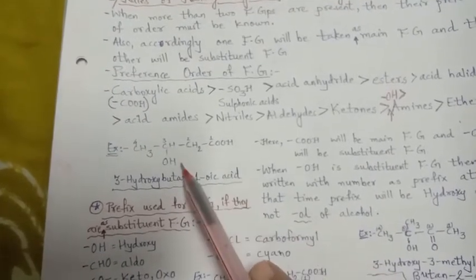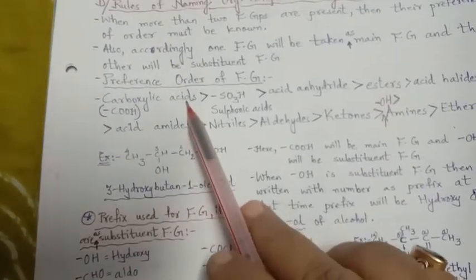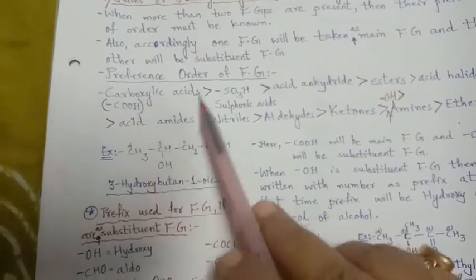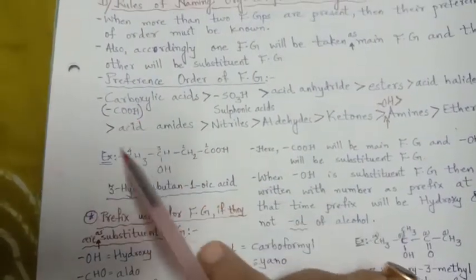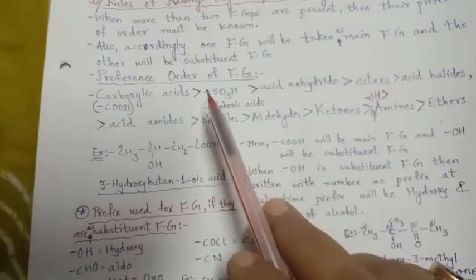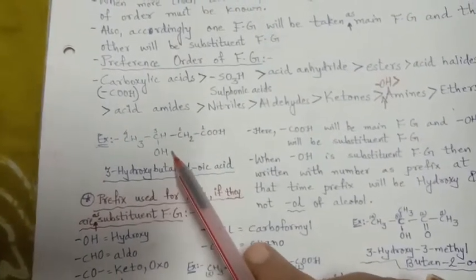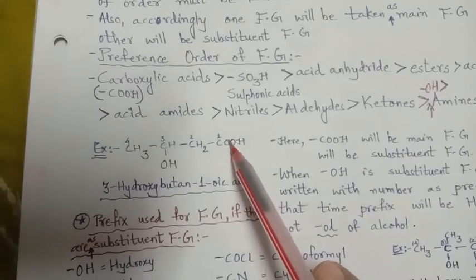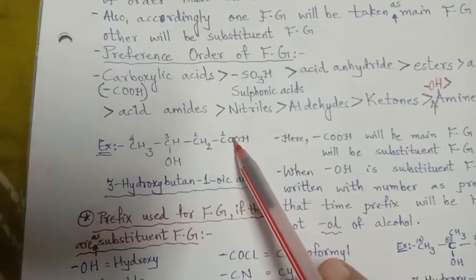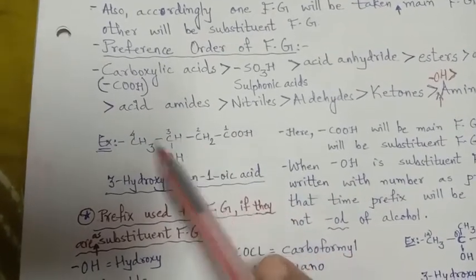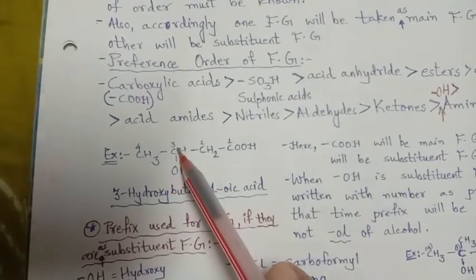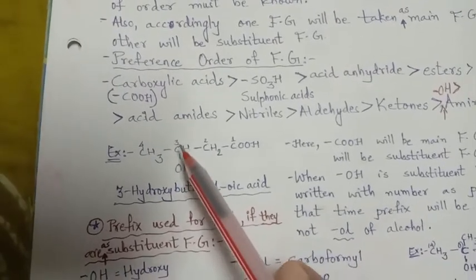COOH is there, OH is there. Now if we see the preferential order, I told when carboxylic acid is there, then leave all other groups aside and it will take first position. So we will consider this as a substituent group and this will be the main group. So numbering starts from the main group 1, 2, 3, 4. Now you see on which carbon the attachment is there? Third carbon.